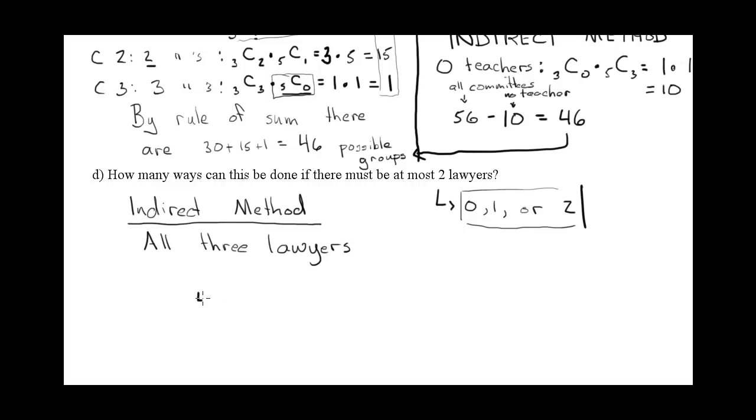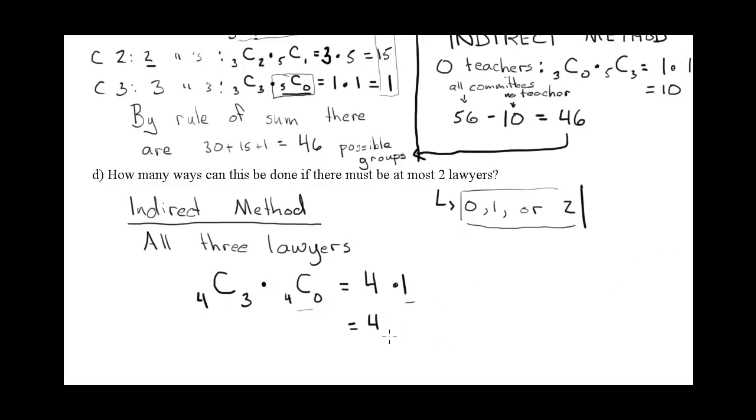Well, if you remember, you had 4 lawyers to choose from, and you're going to choose all lawyers. And really that's all you need, but if you want to look at the others, there were 4 others to choose from, but we're not going to select any of them. So that would just be equal to 4 times 1. So this thing right here is 1, so you don't really need it, which is equal to 4.